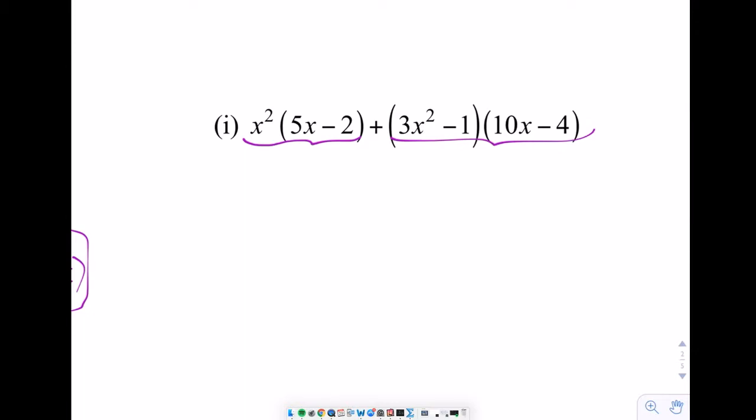GCF. Look for a GCF. I have two terms. Is there any common factor in these two terms? Yes. Good. There is. What is it? I have two x factors in the first one, but unfortunately I don't have a factor of x in the second one. So that's not going to work.